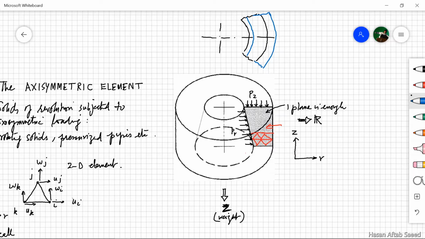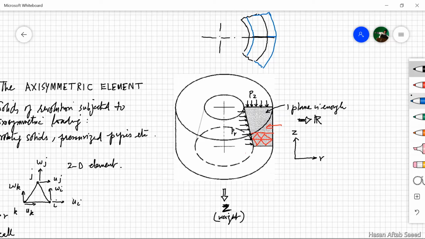This is an axisymmetric situation. So any plane, for example, take this plane, after deformation it must be the same plane, it will remain the same plane. No particle on this plane moves in the circumferential direction. It cannot move because this is an axisymmetric problem.